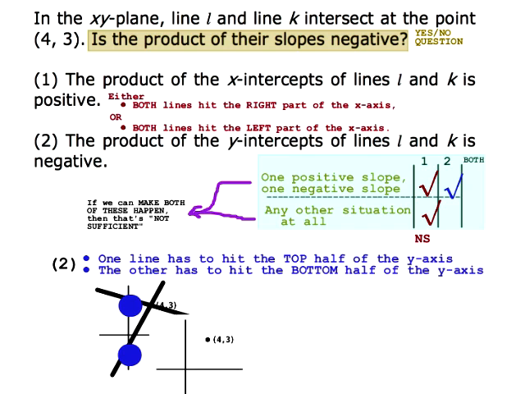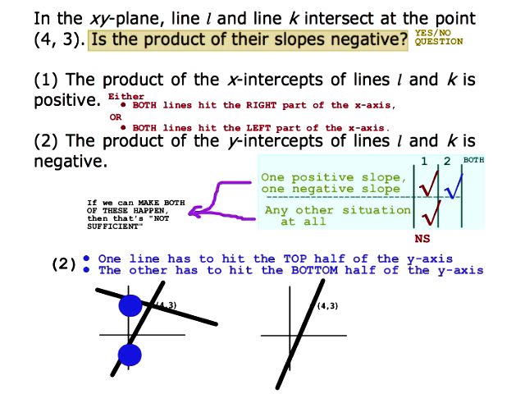Now the goal is we have to try to not do that, but we can do that easily enough, right? So we can still keep that bottom line. So that hits the bottom of the y-axis. Now we need to hit the top of the y-axis, but not have a negative slope. So we can do that as well, sure.